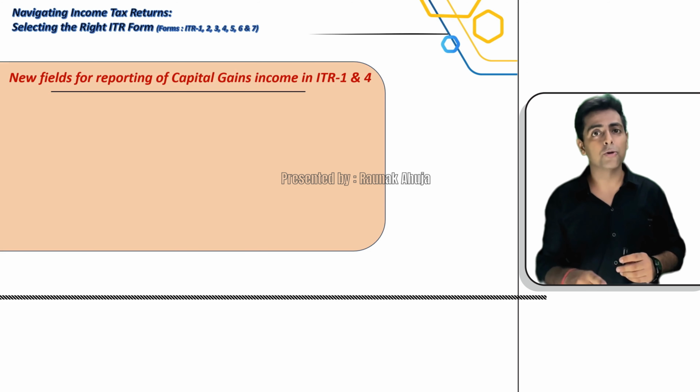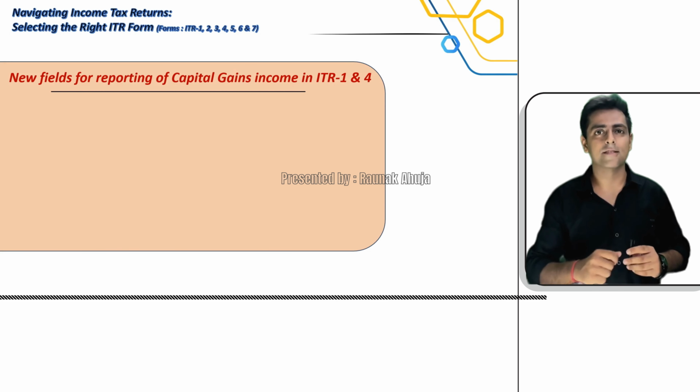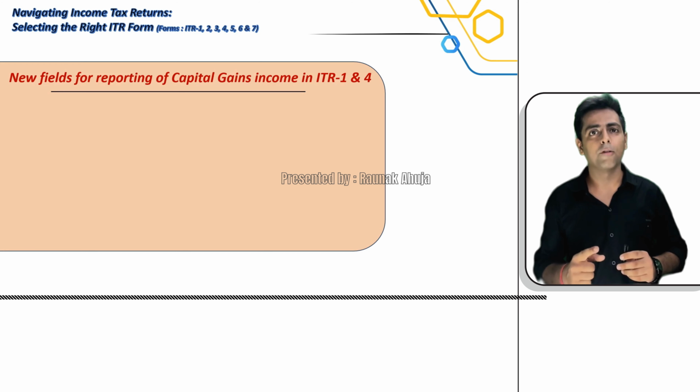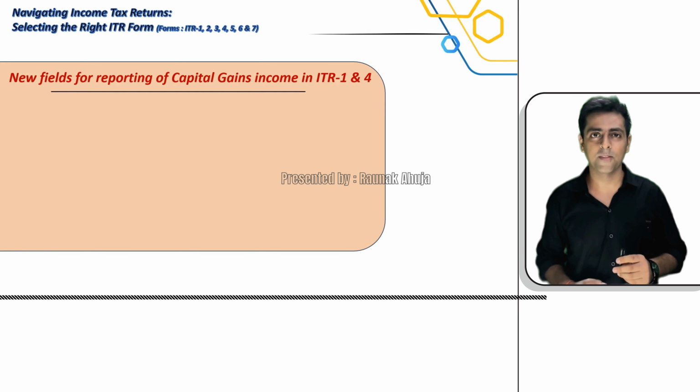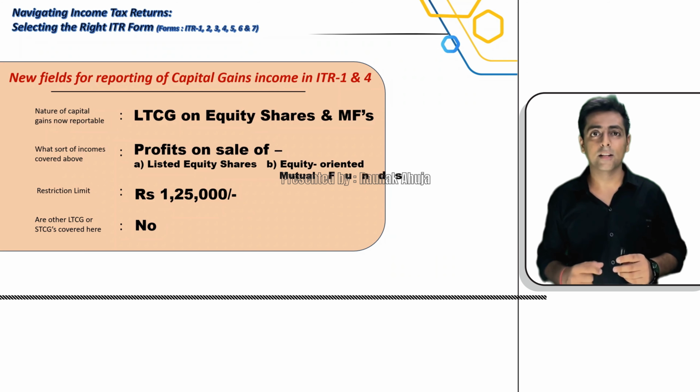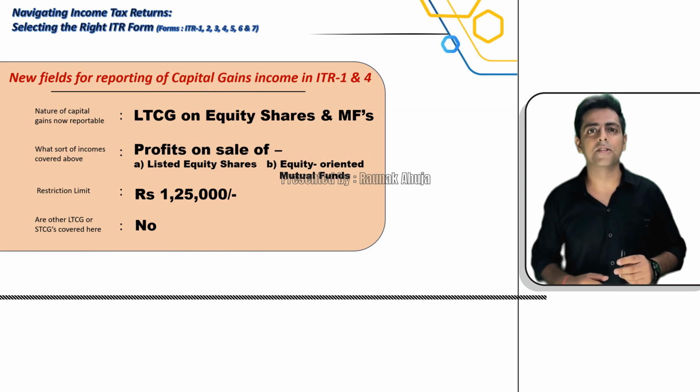This is contrary to what we just discussed. We had discussed that we cannot disclose capital gains in ITR 1 or ITR 4. But with the recent amendment to the ITR forms, capital gains will now be reportable in ITR 1 and ITR 4. Now let's see what exactly the change is.